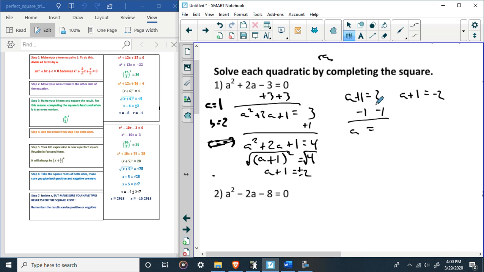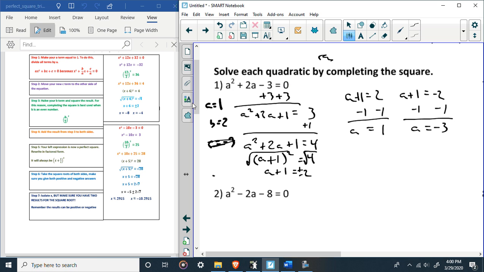A is equal to 1, and A is equal to negative 3, okay? So again, we made sure A was equal to 1, check. We moved the C term over to the other side, check.